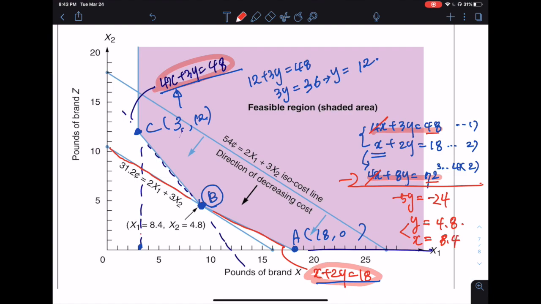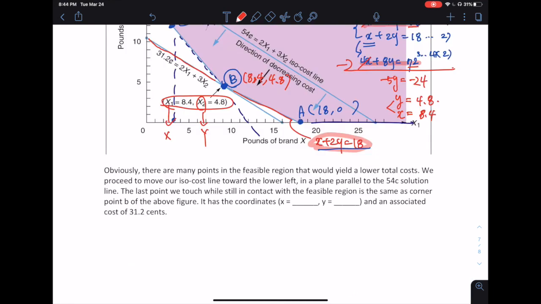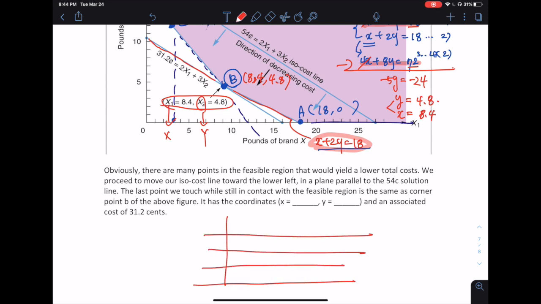So we have this corner point. Just note that x1 means x and x2 means y in our case. So we get this corner point B, which is (8.4, 4.8).